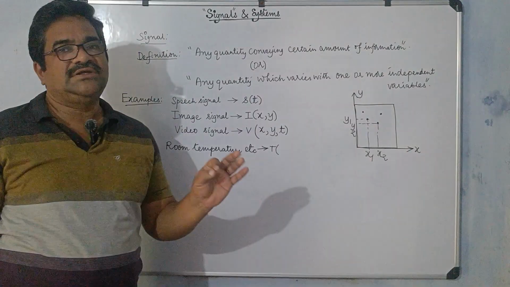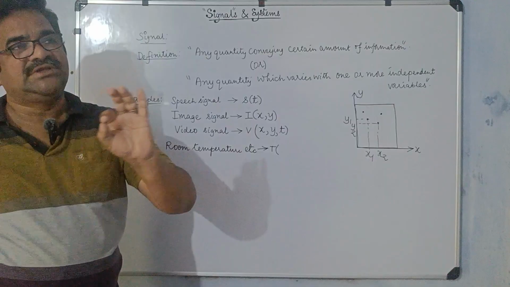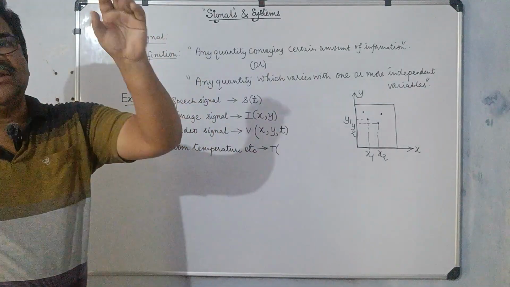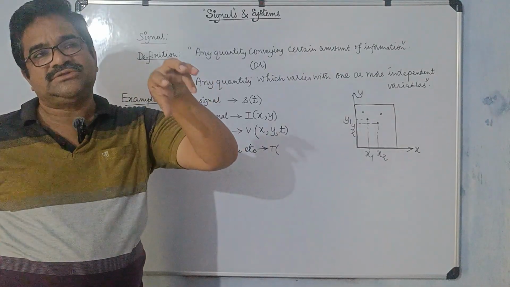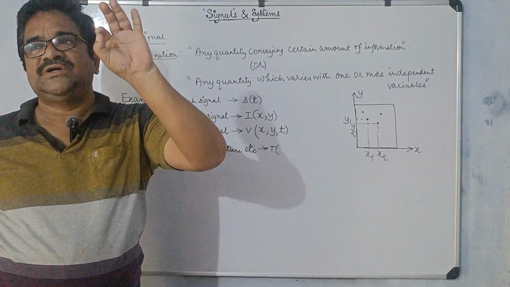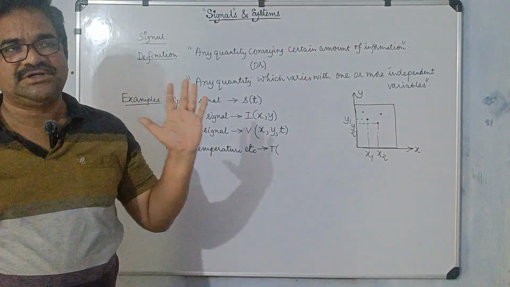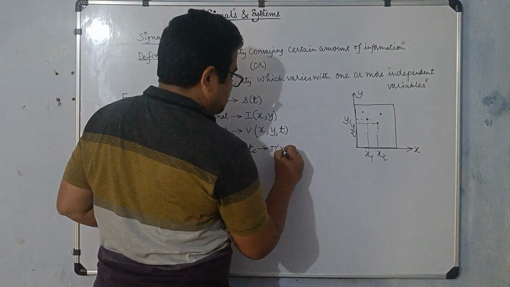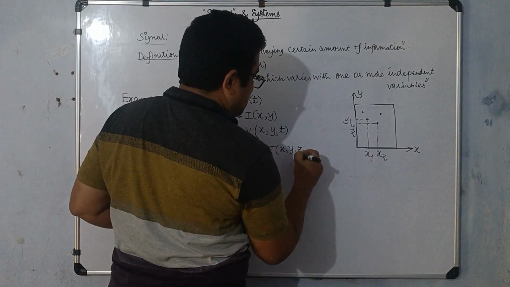So the temperature here is changing with respect to the three coordinates x, y, z, because a point in any room, which is a three-dimensional space, is a function of three variables x, y, z.